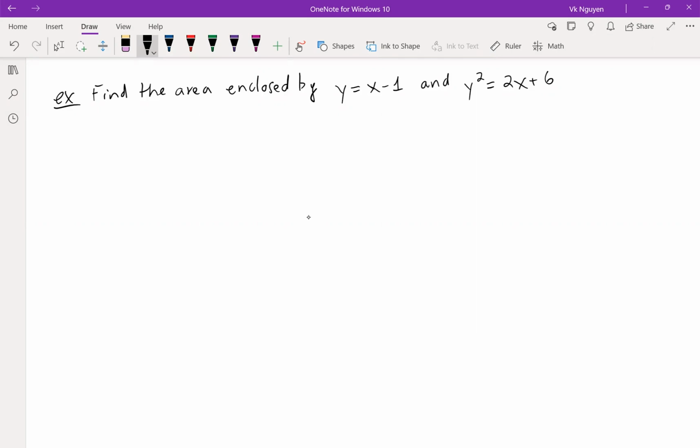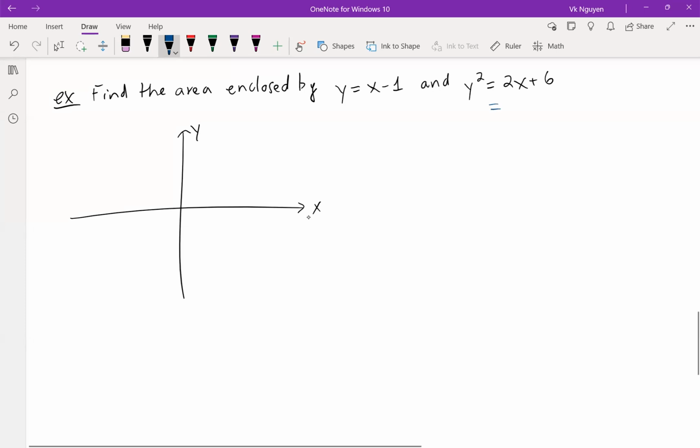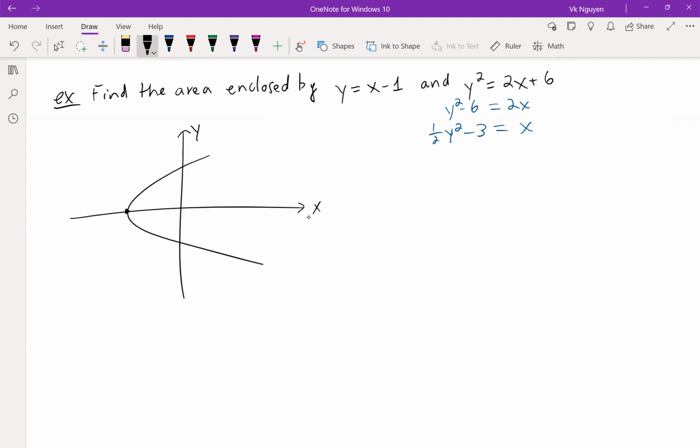Let's try to draw them out first. y squared equals 2x plus 6 looks like a parabola in terms of y, so we can solve for x. y squared minus 6 is 2x, so divide both sides by 2. x is 1/2 y squared minus 3, and that is the parabola going this way.